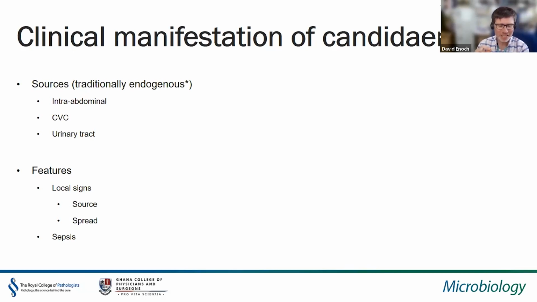It can be a central line, but again, mucosal or skin damage, and it gets into the bloodstream that way through the central line or down the edge of the central line, and then urinary tract typically associated with urinary catheterization. The clinical features obviously can be local signs, which again depends on the source or the spread.